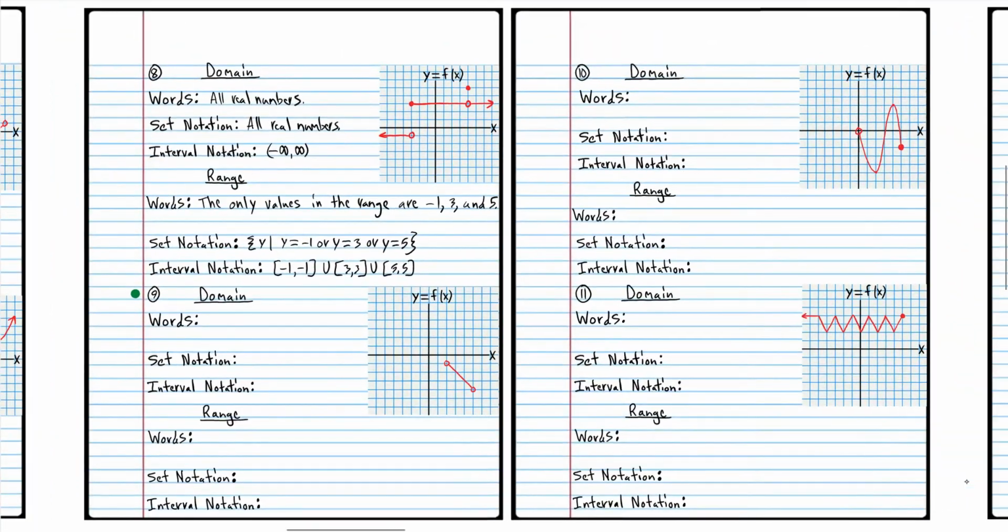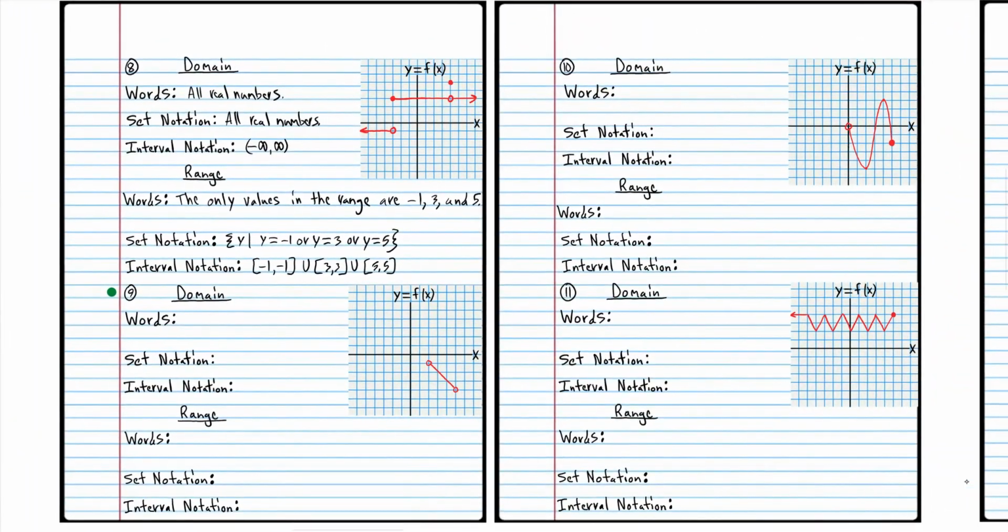And you can use number 8 to help you do number 9. So we're going to find the domain of the function represented by this graph here. You want all the x values of the points on that graph. What are all the possible x values of the points on that graph? When you come back, we'll do it together.